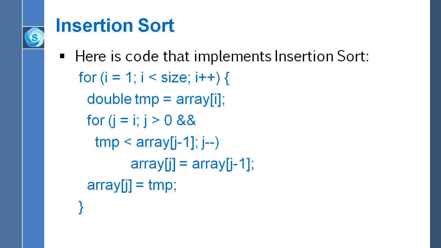That last part is basically saying as long as the number we're currently considering in the scan is less than the number in position j minus 1, the number in the position during the backwards looking, it keeps looping.